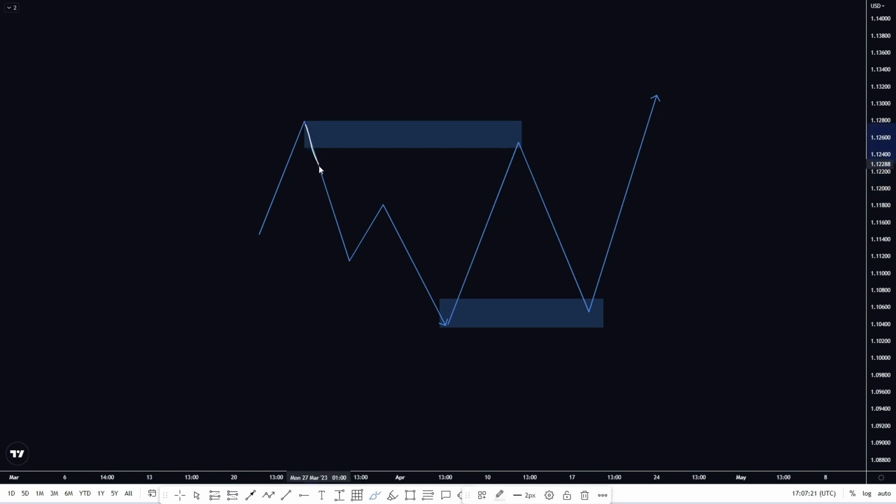As price decreases and comes down, here is the initial first area of demand, where people think, you know what, price is cheap enough now for me to want to buy it. So I'm going to start to buy price in here, and that is what causes price to move up in this area.